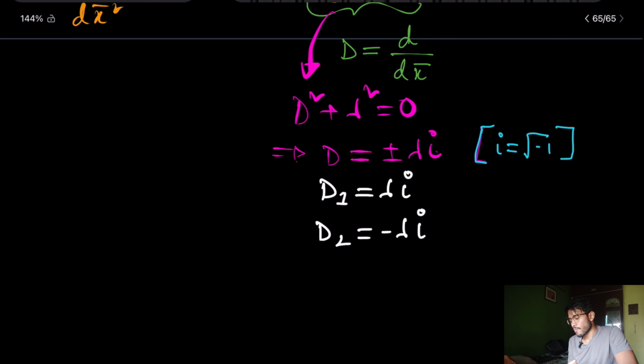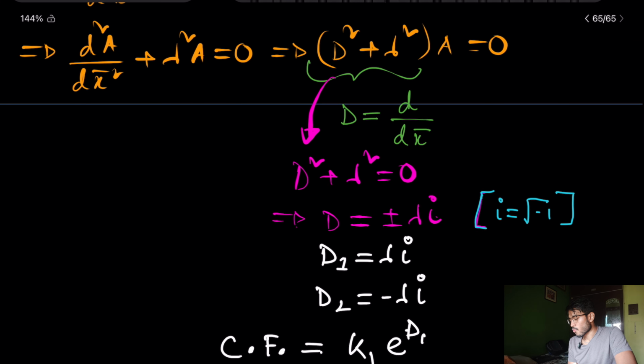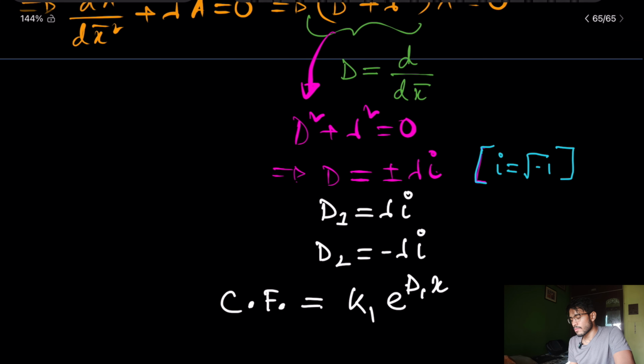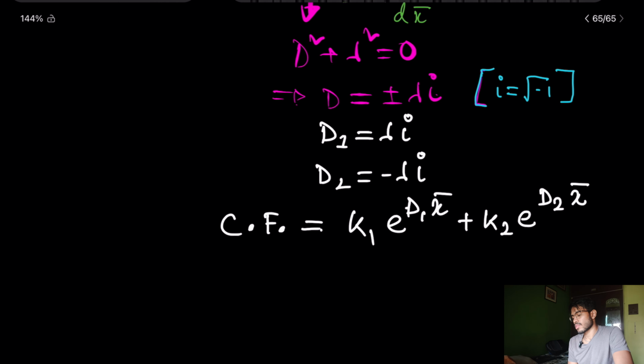Therefore we can write the complementary function CF equal to some constant, maybe k1, into e to the power D1 times the independent variable x̄, plus k2 into e to the power D2 x̄.